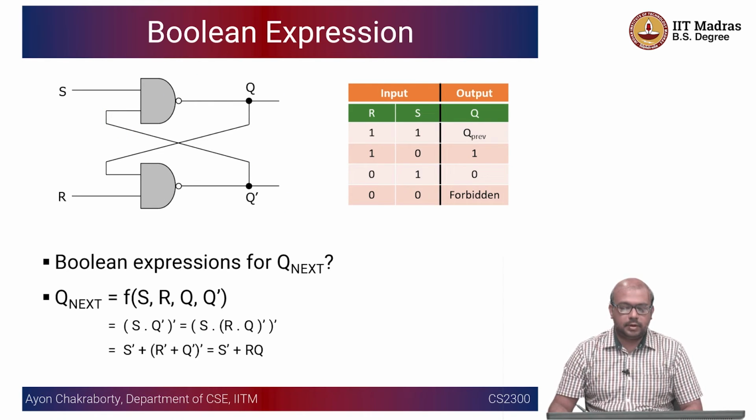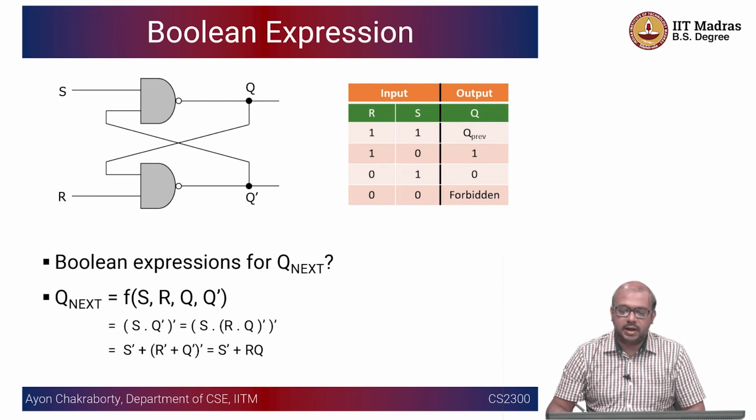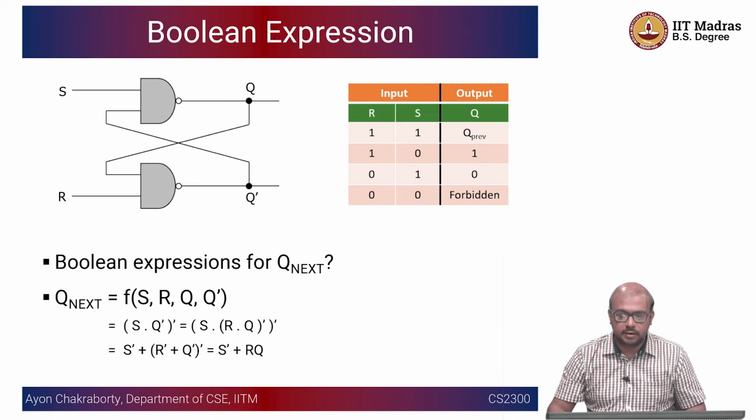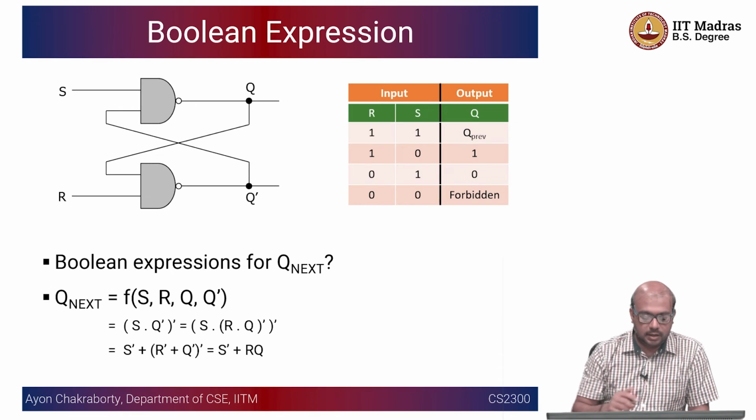So if you want to write down the Boolean expression for an R-S latch, this is going to be a function of two inputs S and R and two outputs Q and Q bar, where Q and Q bar are complements of each other. As you can see, this is written here.